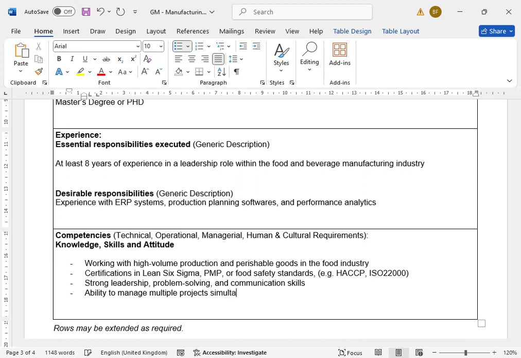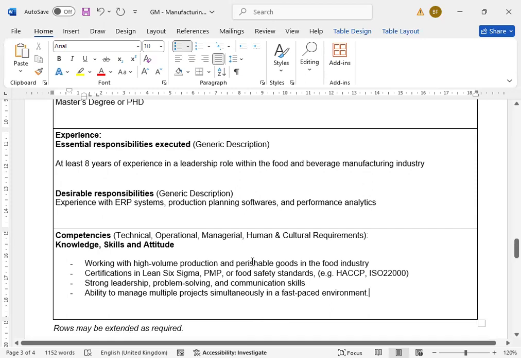Simultaneously, correct spelling? Simultaneously. Okay, in a fast-paced environment.